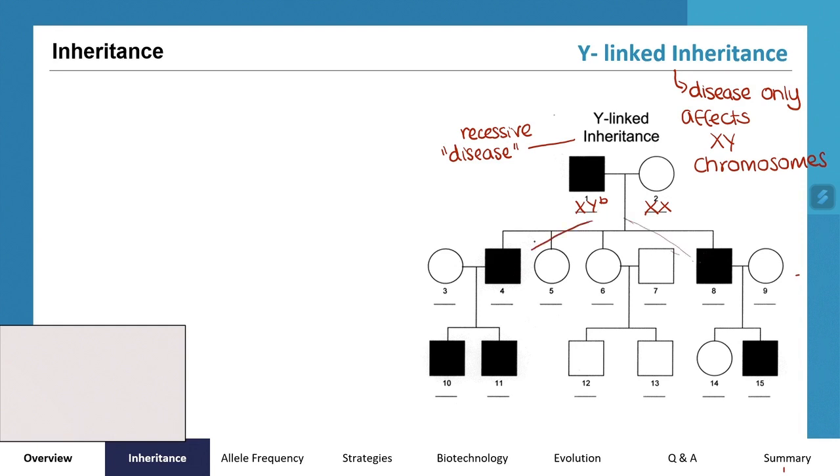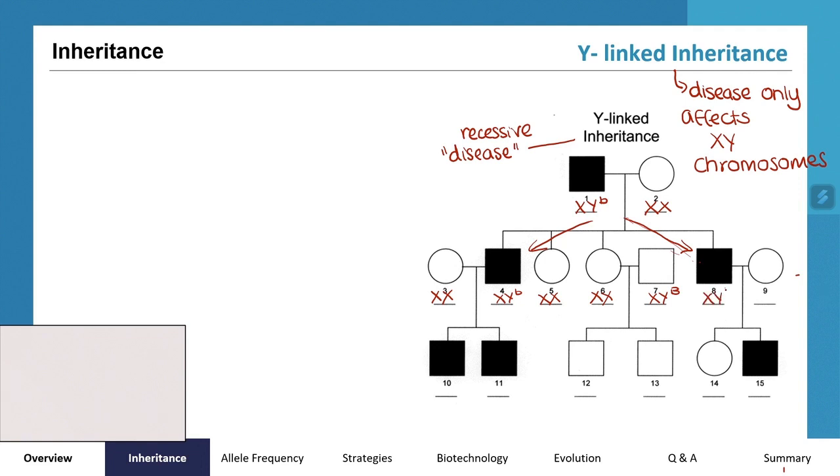Now, here we can see that every single one of the sons of the father gets that Y gene inherited. So immediately the disease goes to the sons, but the daughters are spared because it's not on the Y gene. So this would be X, Y, little b. This would be XX. These would both be XX, XX. Now this is XY, the healthy copy of the gene. So in this case, it would be the dominant gene.